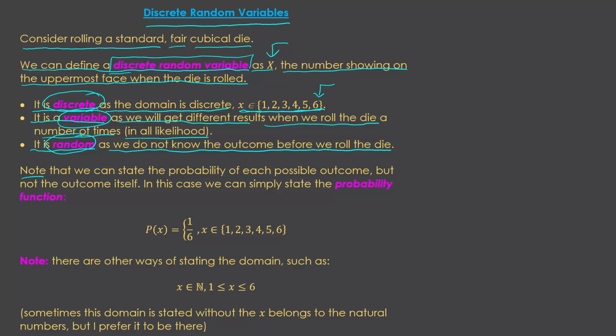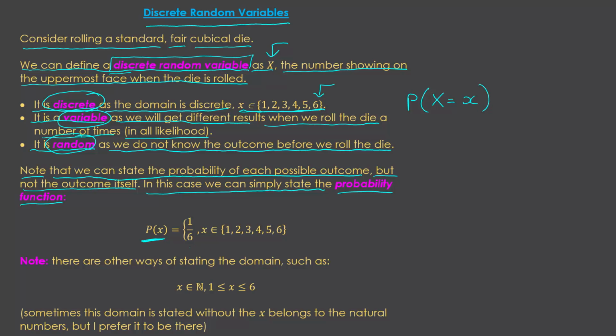Note that we can state the probability of each possible outcome, but not the outcome itself. In this case, we can simply state the probability function, p of x, that's the probability that x, our random variable, takes a particular value in its domain, small x.